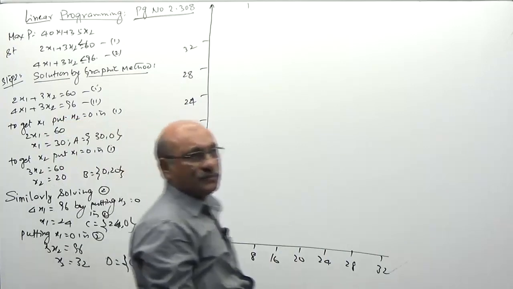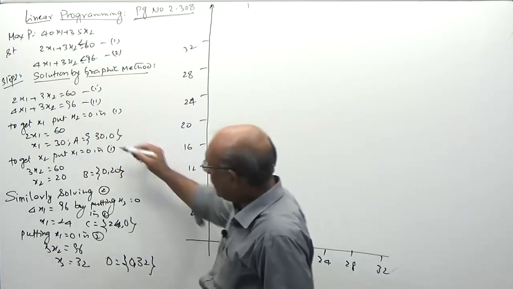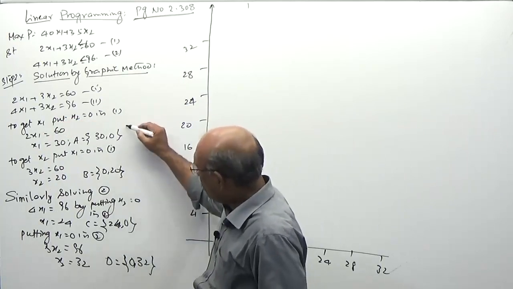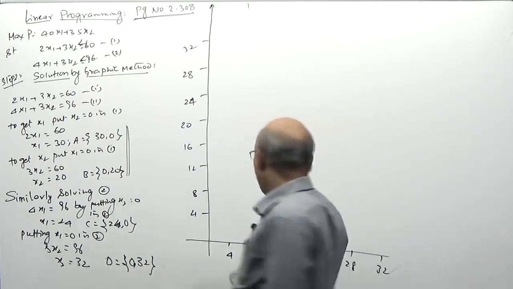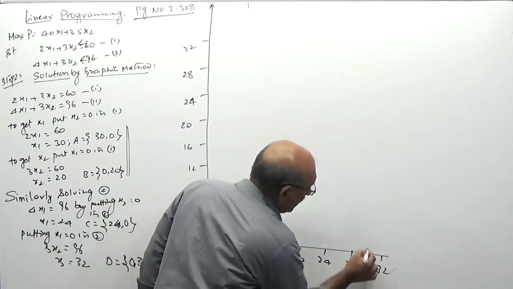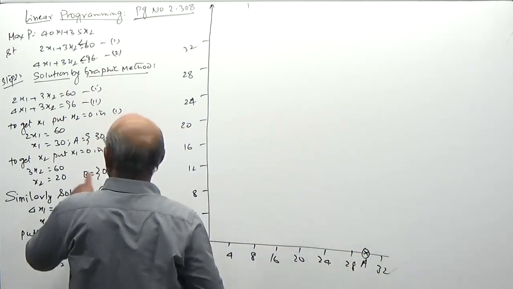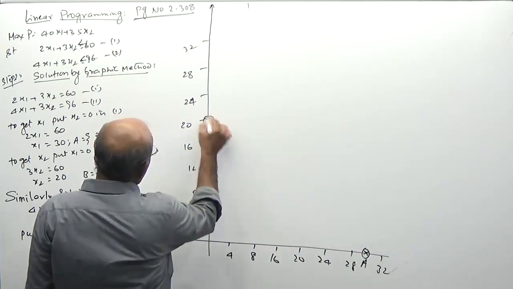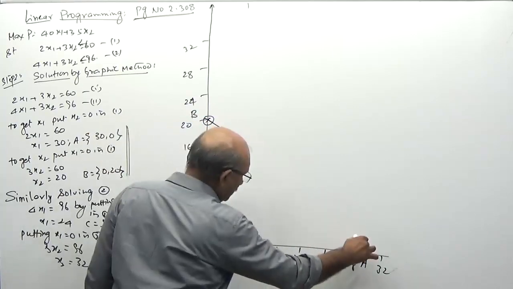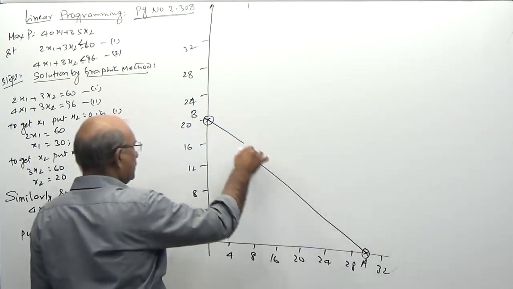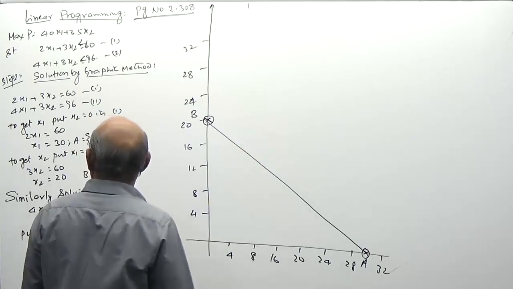Okay, sir. Now, first points here are (30, 0) and (0, 20). With these 2 points, I am drawing a line. On the x-axis, let us consider point 30. This is A. And on the y-axis, it is 20. This is point B. Join these two, sir.